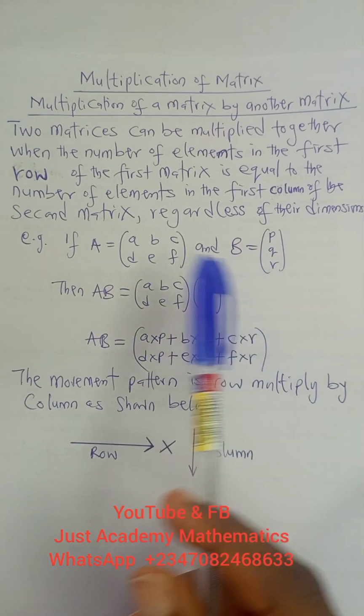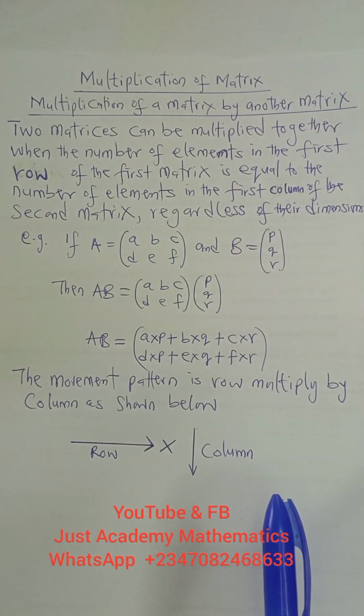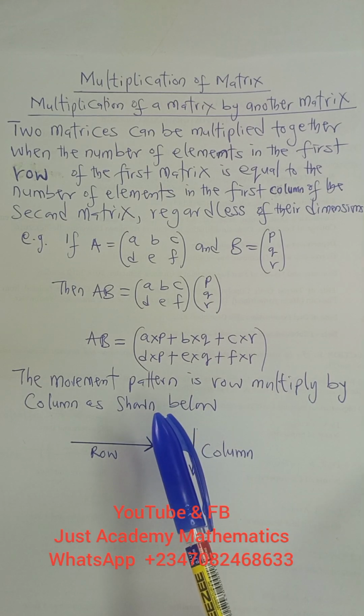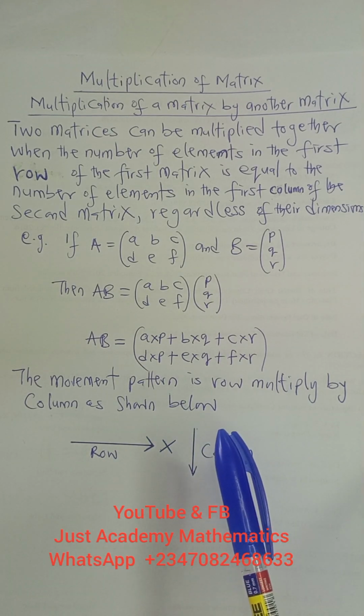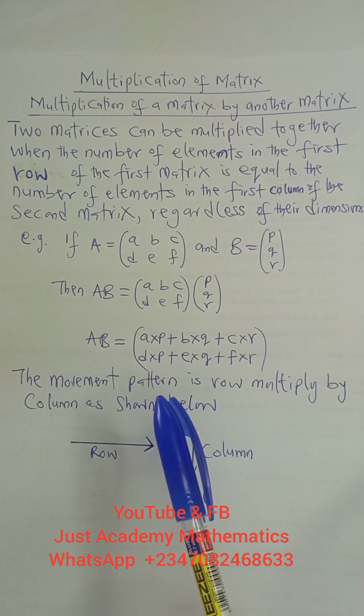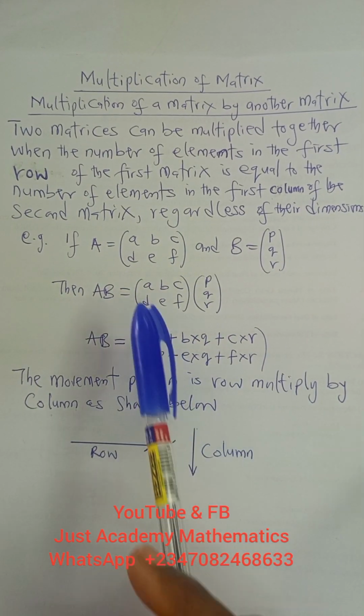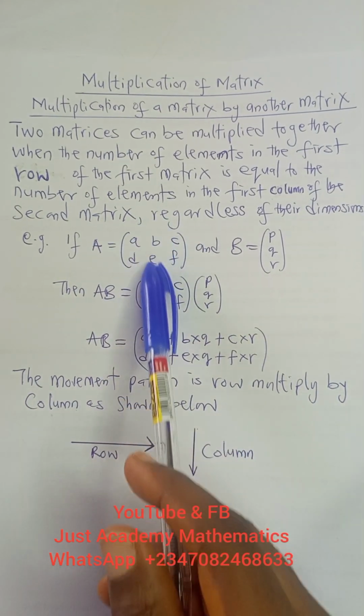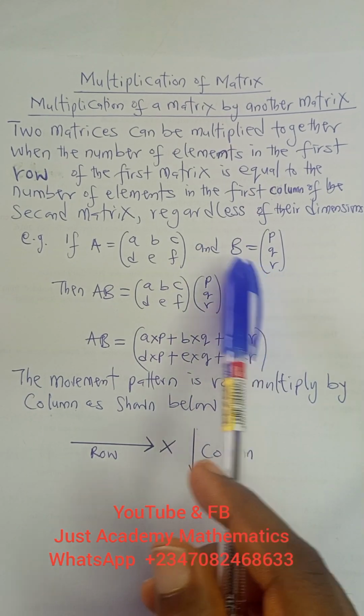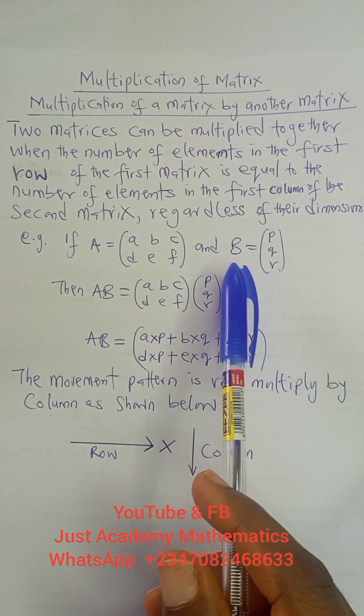But if they are not tallying, the multiplication is not possible. Unlike addition of matrix, for addition of matrix to be possible, the dimension must be the same. So if this is 2 by 3, this one must be 2 by 3 for you to be able to add them, or else you can't add.